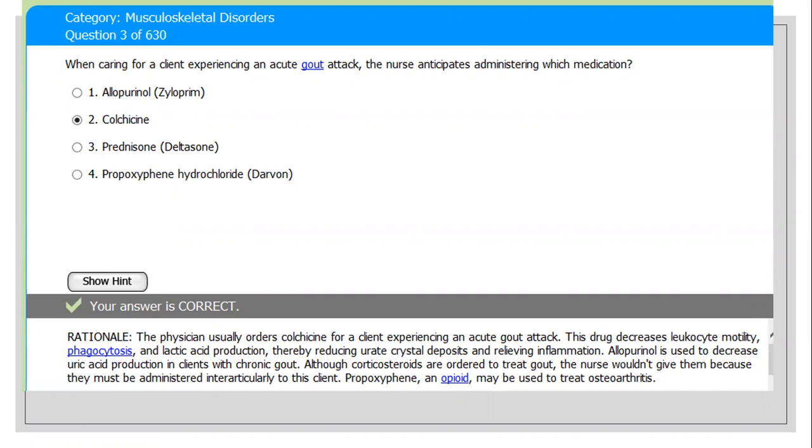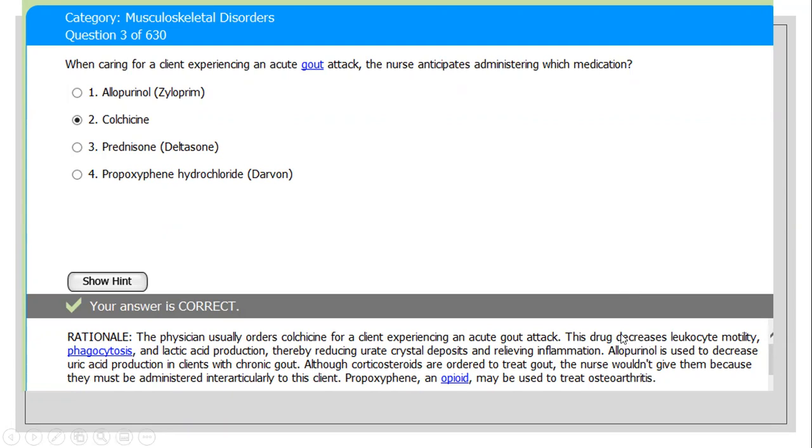Yes, you have to know this because your patient has to take colchicine or allopurinol for gout. And in the question, you can see the nurse anticipates. So what you anticipate is what your doctor may prescribe.